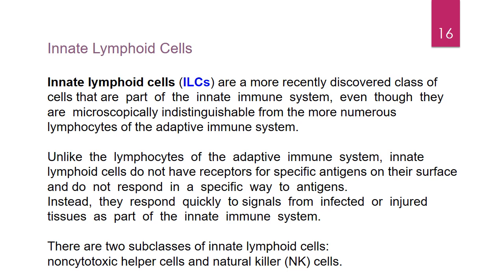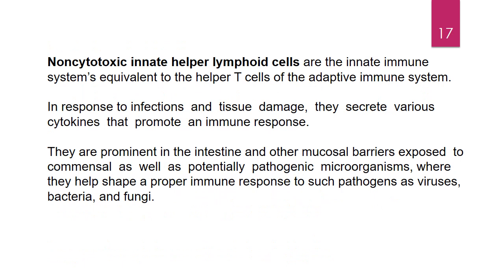There are two subclasses of innate lymphoid cells: non-cytotoxic helper cells and natural killer cells. Non-cytotoxic innate helper lymphoid cells. First, these cells are the innate immune system's equivalent to the T helper cells of the adaptive immune system.